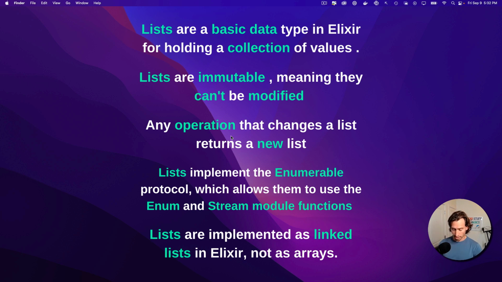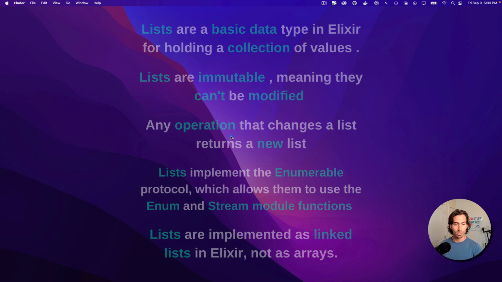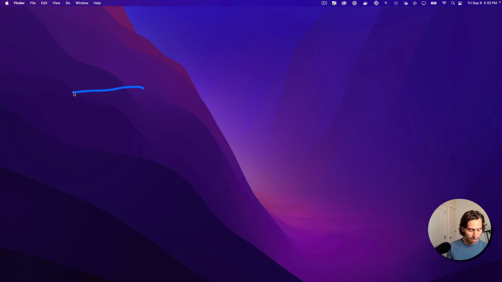Let me just get my pen up. So a linked list is a sequence of nodes that contain two fields. The first field is a value. So we have these two fields, right? And you'll have some value here that would reference either a string character or an integer or any value that is in the list.